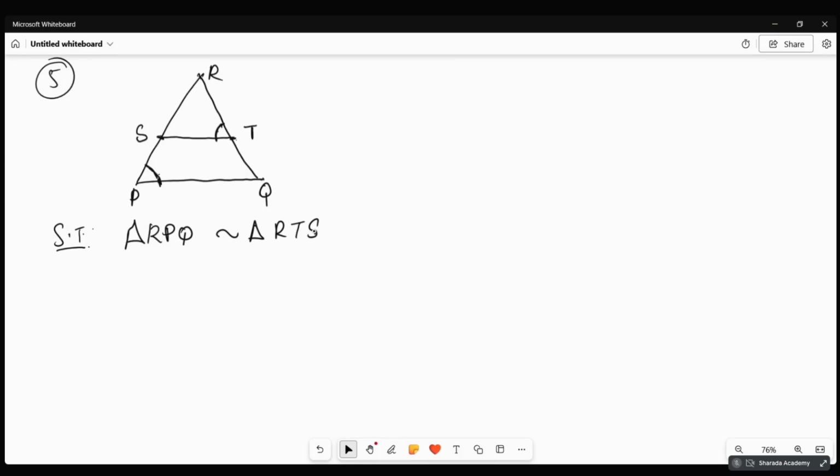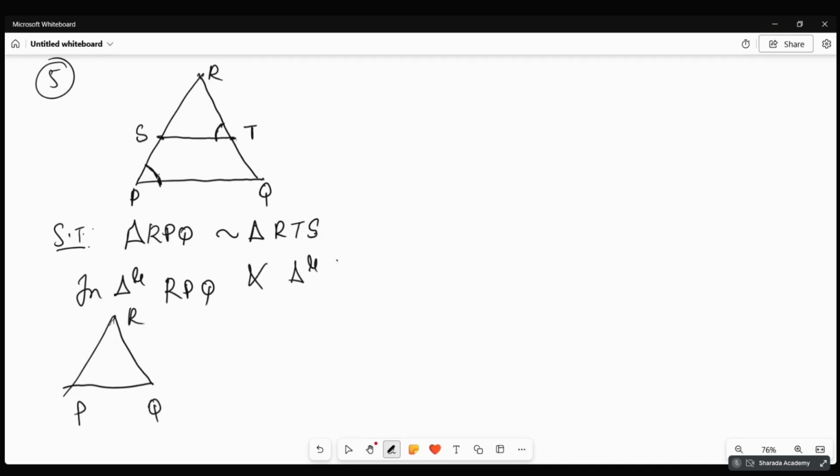So now, first thing I have to consider triangle. In triangle RPQ, RPQ is what? This is a bigger triangle RPQ. And another triangle RTS, a smaller triangle.